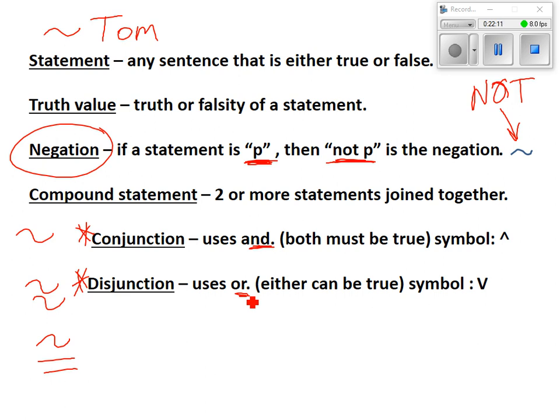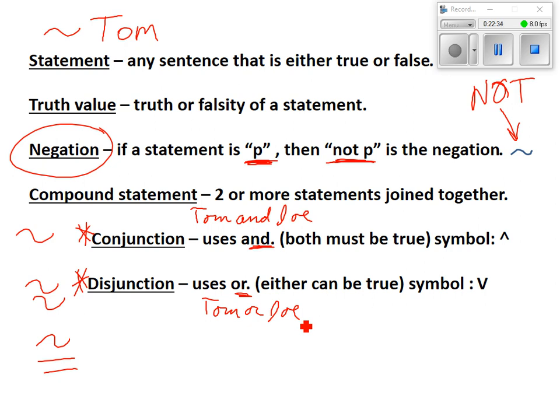The difference in the two. If I say Tom and Joe, what's that tell us? It's both of them. If I say Tom or Joe, what's that tell us? Could be either one. It's one or the other.